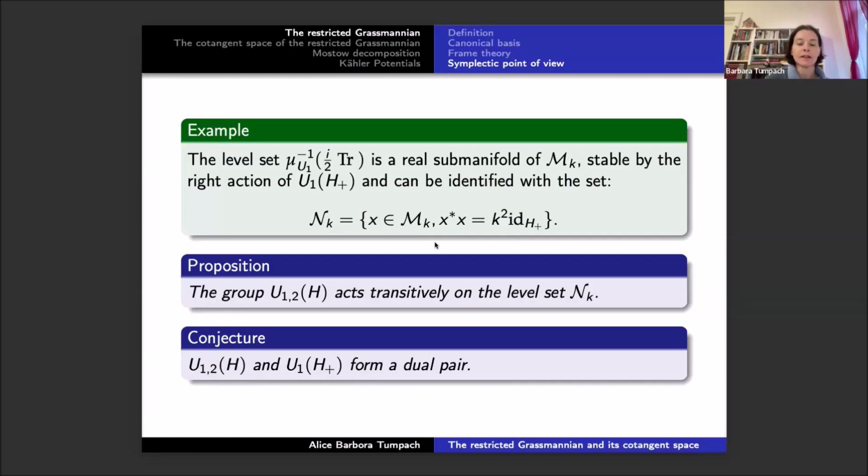In particular, that the level set of one moment map is homogeneous for the other. So here we just proved this for a given pre-image, but for the notion of dual pairs, we have to prove it for any element in g star.